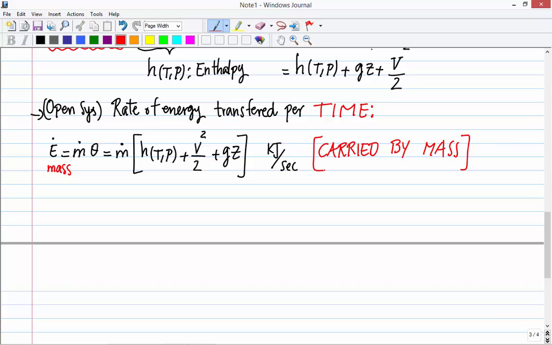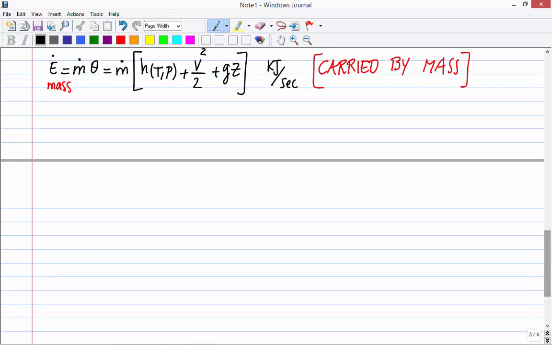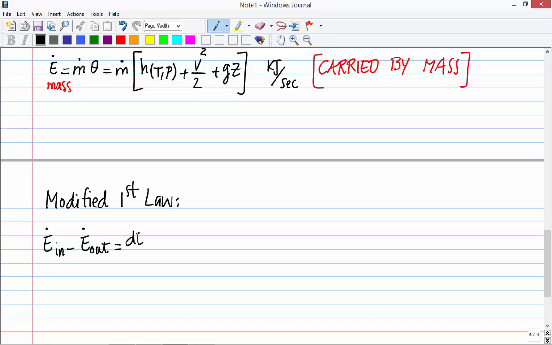Now I want to give you the most modified first law, which says, let me tell you once again, E dot in minus E dot out equals dE divided by dt.